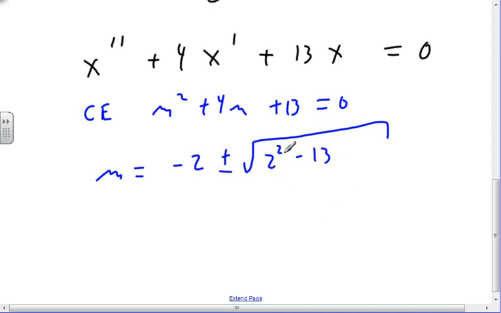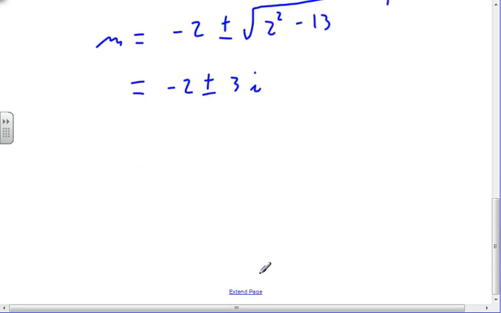Now 4 minus 13 is 9, right? And the square root of 9 is 3. So I'm going to have minus 2 plus or minus 3i. Okay, well that's pretty good.